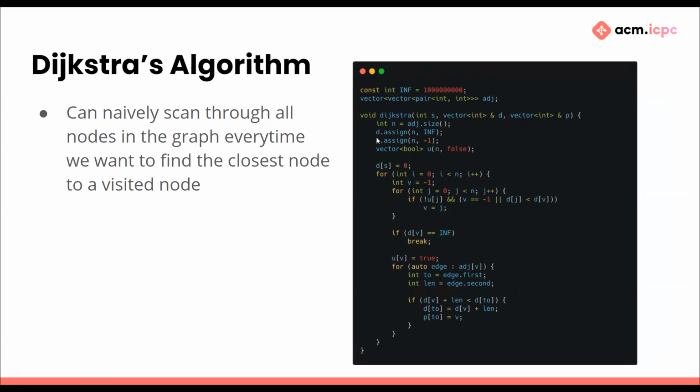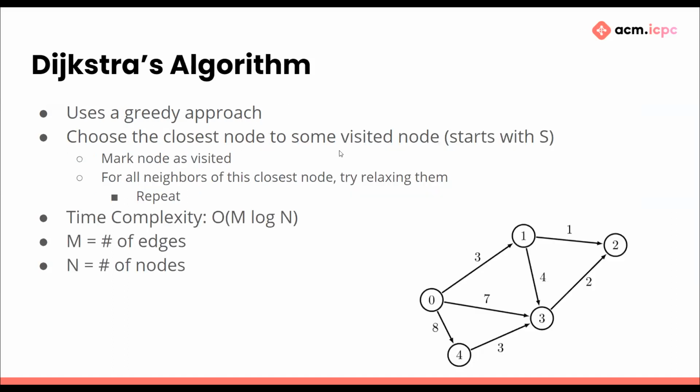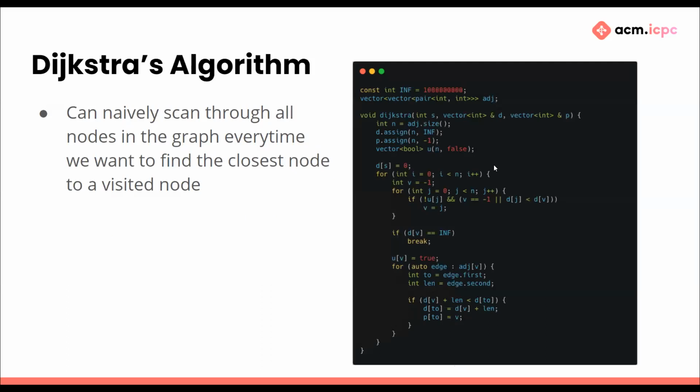Okay, so then why are we iterating through all of the nodes from 0 to n-1? Right, so we want to do this because, let me see, in the previous slide, we want to choose the closest node to some visited node. That's essentially what that first for loop is doing, iterating through every single node from 0 to n-1, and then checking its distance.